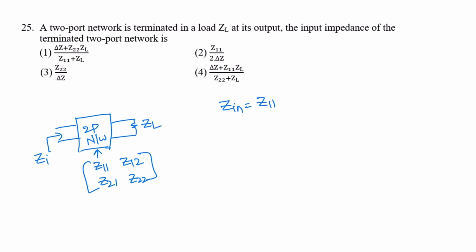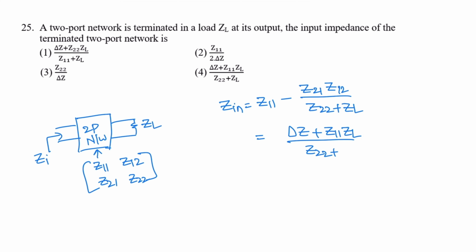So Zin is Z11 minus Z21 Z12 by Z22 plus ZL. So this is a formula. It can also be represented as delta Z plus Z11 ZL by Z22 plus ZL. So this is the formula for input impedance, either this one or this one.